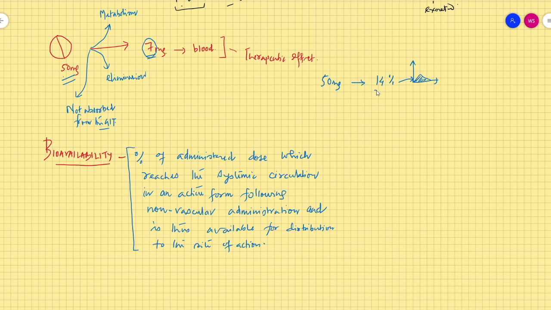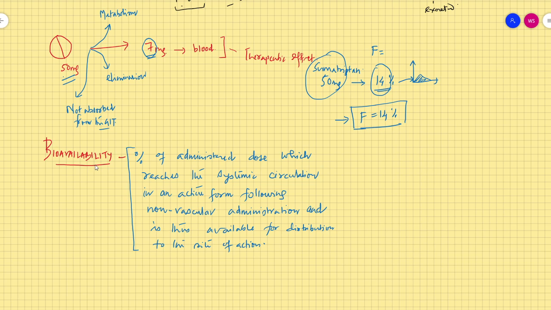So what is the bioavailability of sumatriptan 50 milligram? Sumatriptan 50 milligram, the bioavailability F equals 14%. So the bioavailability of sumatriptan in the patient, we have found it to be experimentally about 14%.